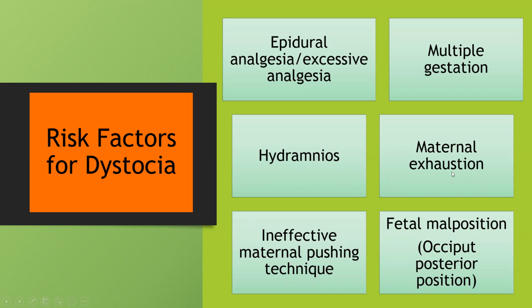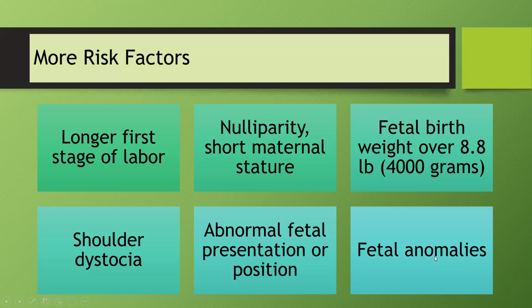Maternal exhaustion, ineffective maternal pushing, which may be from maternal exhaustion or from epidural anesthesia. Fetal malposition, again, that occiput posterior or OP or sunny side up, all of those mean the same thing. And that's when the baby is not in the optimal position for delivery.